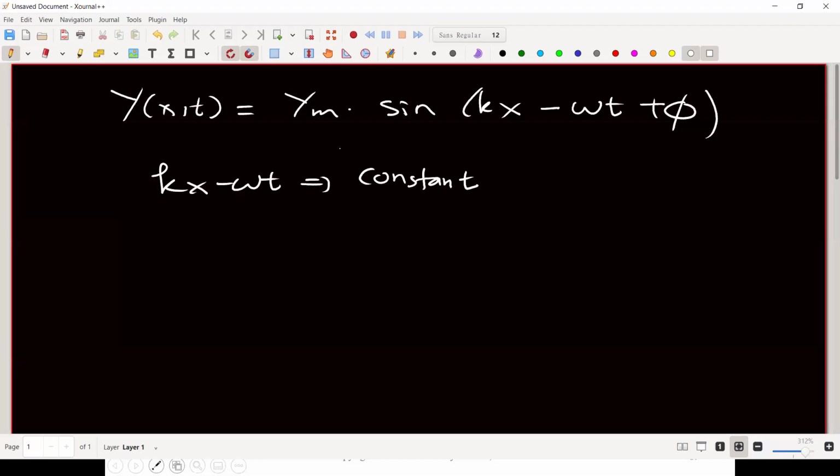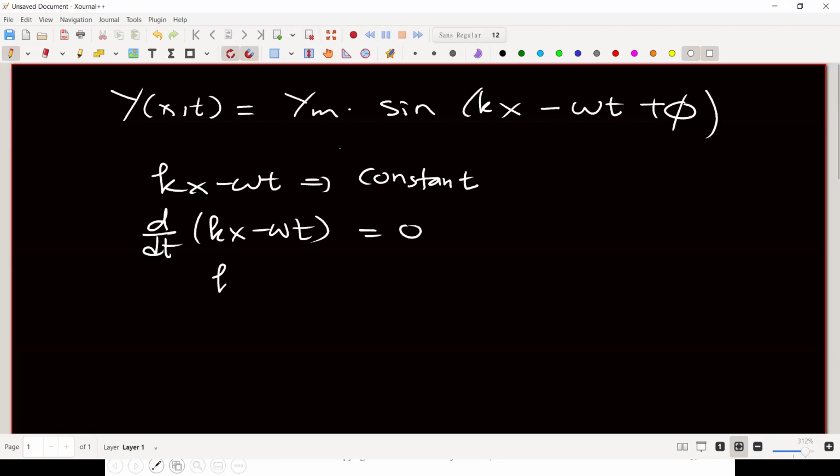And then we can take the derivative of this one. So d/dt of kx minus omega t. This one is constant, and the derivative of a constant is 0, right? So we know that k dx/dt minus omega equals 0.